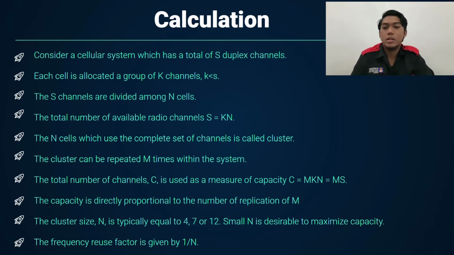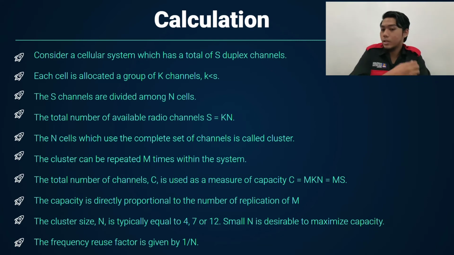Each cell is allocated a group of K channels, where K is less than S. The S channels are divided among N cells. The total number of available radio channels S equals KN. The N cells, which use the complete set of channels, are called a cluster.